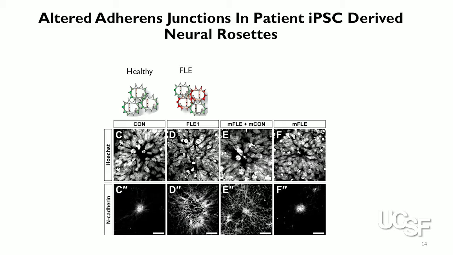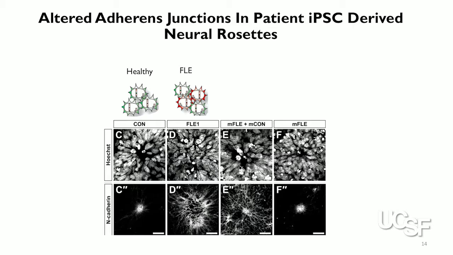I think we are working on that, but for now this is just an unrelated healthy control. And then in the neurons from the FLE patient, you expect there are two populations, wild type and mutant. She observed a disrupted N-cadherin localization pattern in this patient.